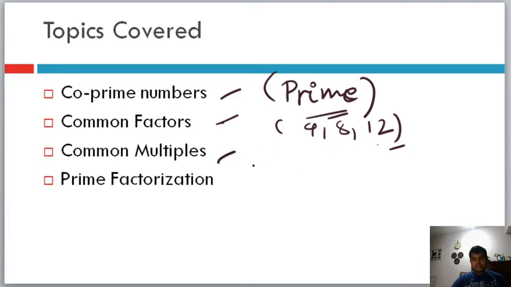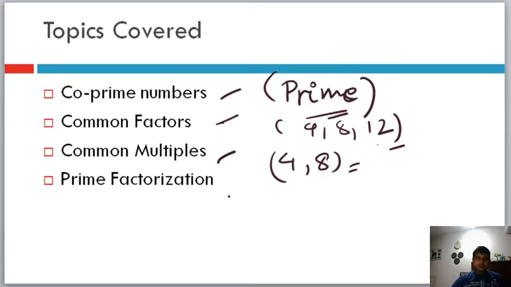Once again, let's take the example of 4 and 8. Are there any common multiples? And then we will learn about prime factorization, how to find prime factors.